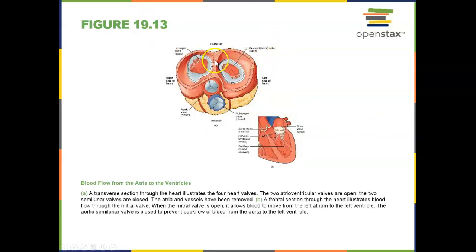So here you can see those valves open. This would be when the blood from the atria is pushed into the ventricles. So again, atria are the receiving chambers. They push the blood into the ventricle so that you can take that blood in, and the blood's not going to leave the ventricles until these semilunar valves open.